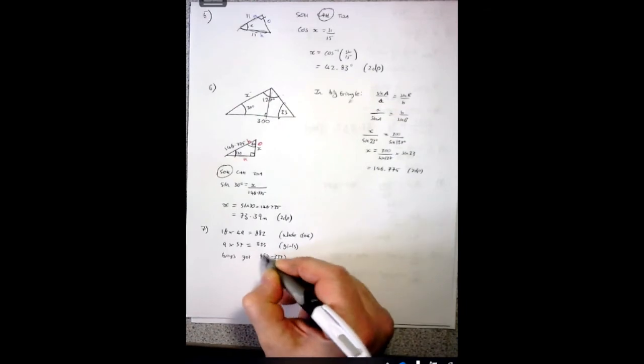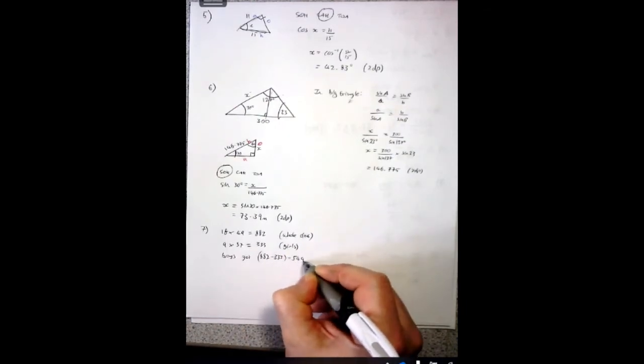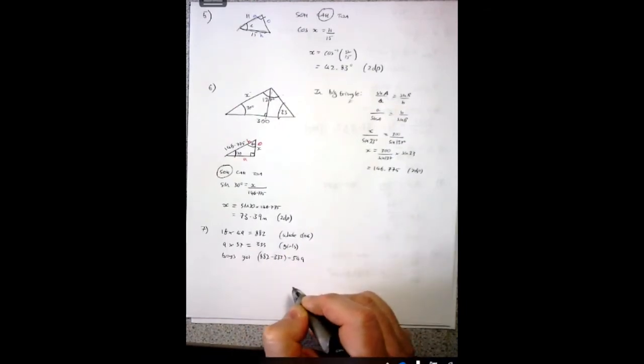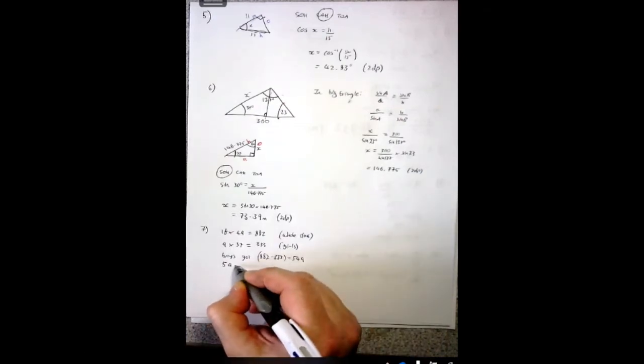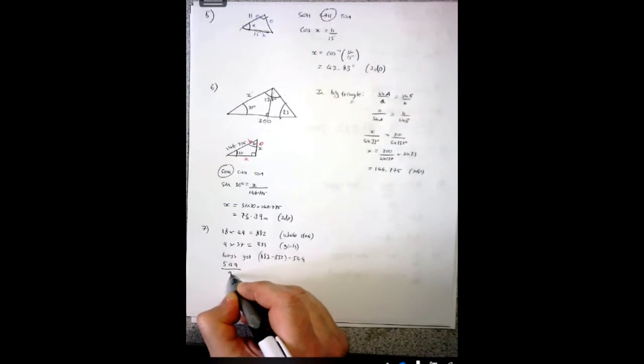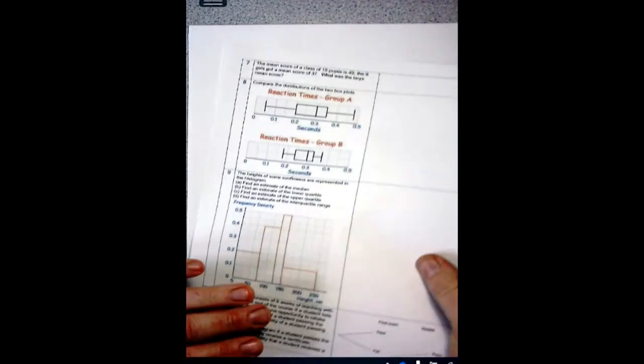Okay, number 8. Alright, here's my favourite question where you have to do a load of writing. Let's just check our numbers out. First of all, remember you compare the medians, which are equal, and you compare the interquartile ranges, so that's 0.35, that's 0.2, that's 0.33, and that's 0.24.